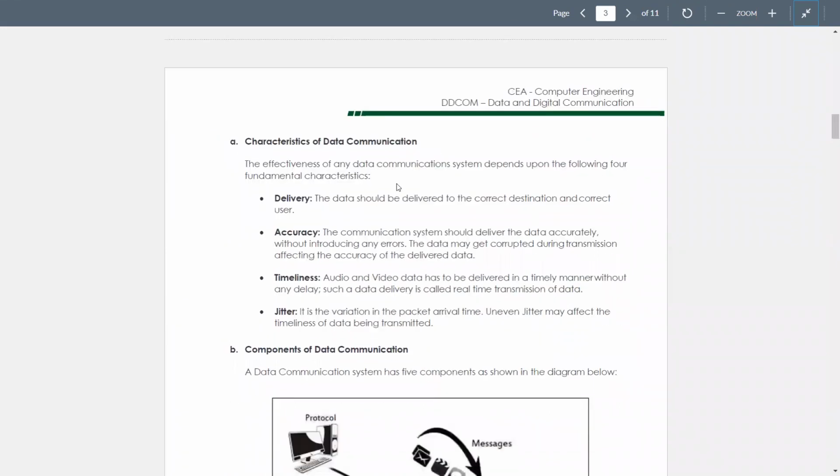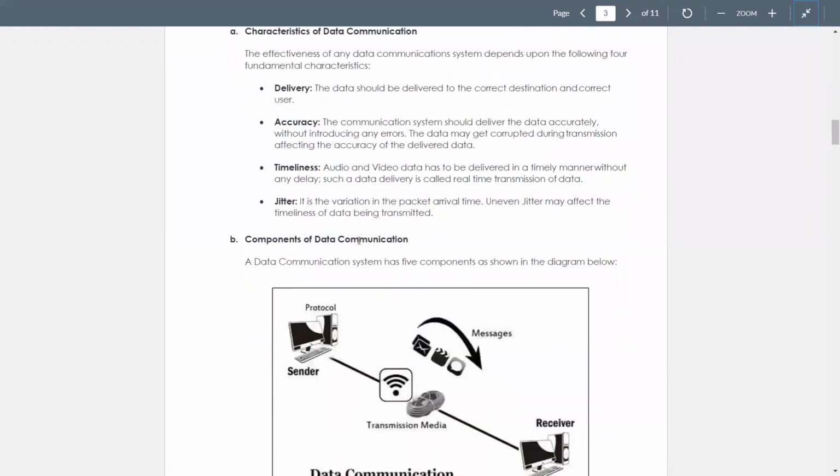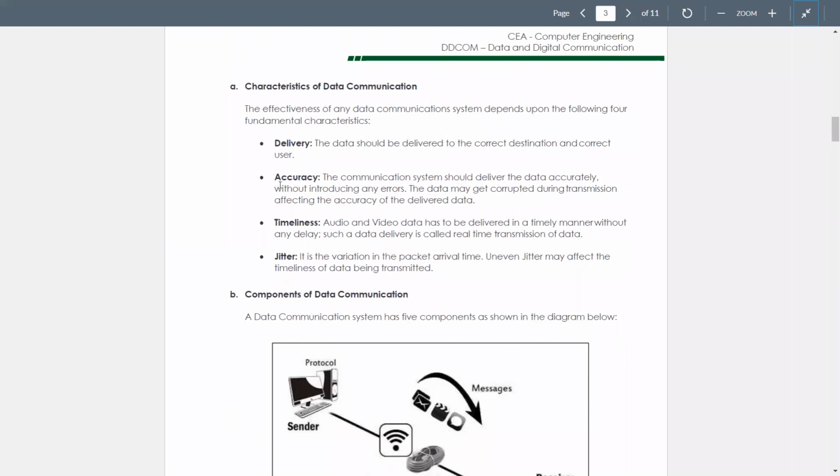It's very complex when we talk about data communication because of the idea of trying to transmit signals, especially in a long distance setup, so we have to consider a lot of things. That's why we have to take note of the delivery, the accuracy, the timeliness, and then the jitter. Those are the characteristics of data communication.